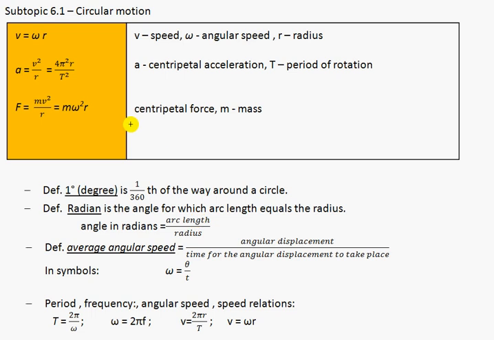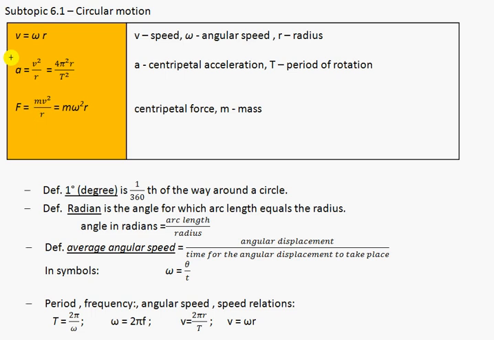Circular motion. When object moves in a circle, it has angular speed. Definition I'll give you later. The speed and angular speed are linked by a radius. Acceleration and force are called centripetal because they are directed to the center of the circle.